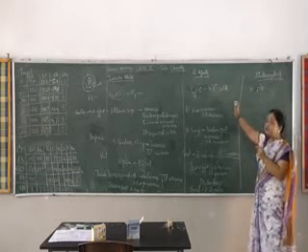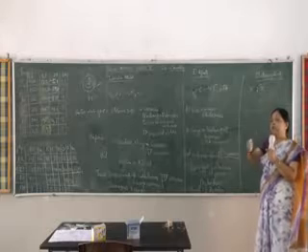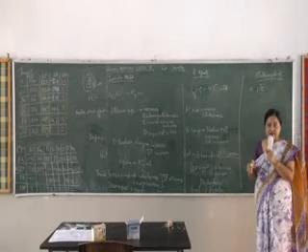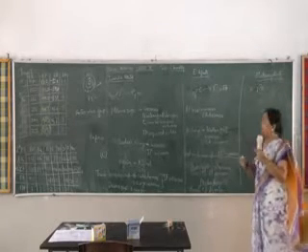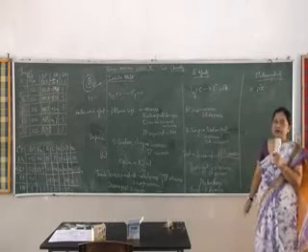Now, see the difference: electron affinity is also about nuclear pull. The nucleus is pulling an electron into its last shell, the valence shell. Electronegativity also depends on the nuclear pull.